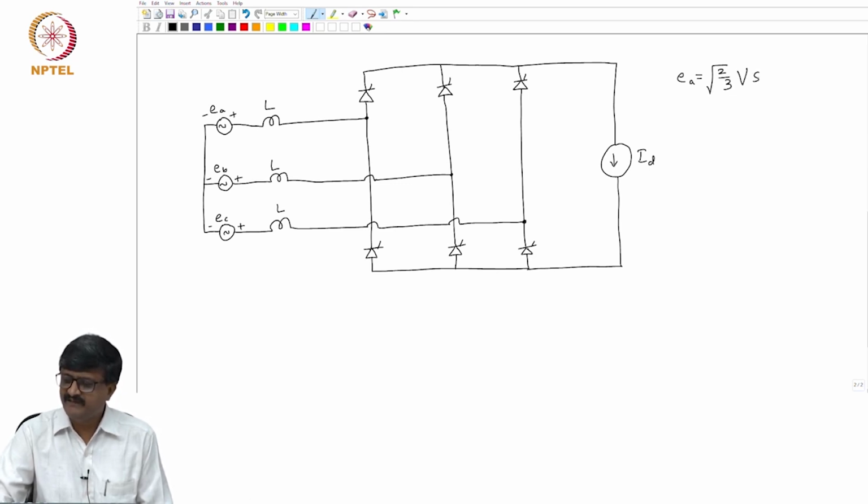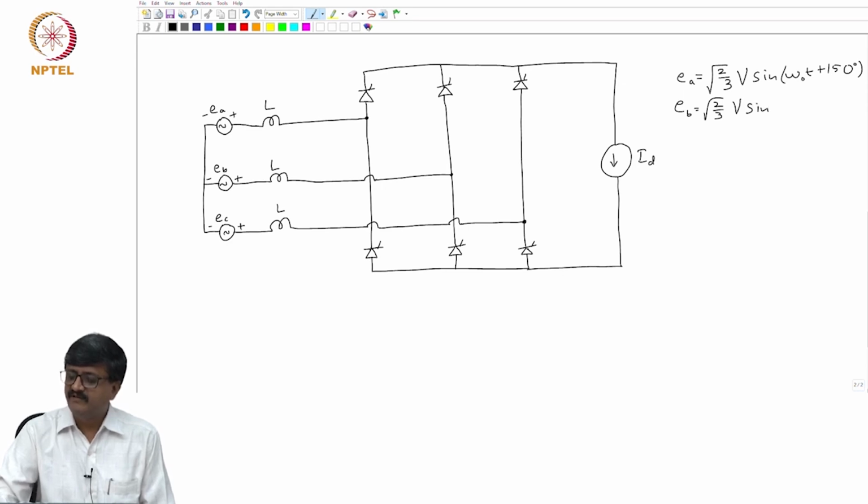EA is root 2 by 3 V sine(omega t plus 150 degrees). EB is root 2 by 3 V sine(omega t plus 30 degrees).